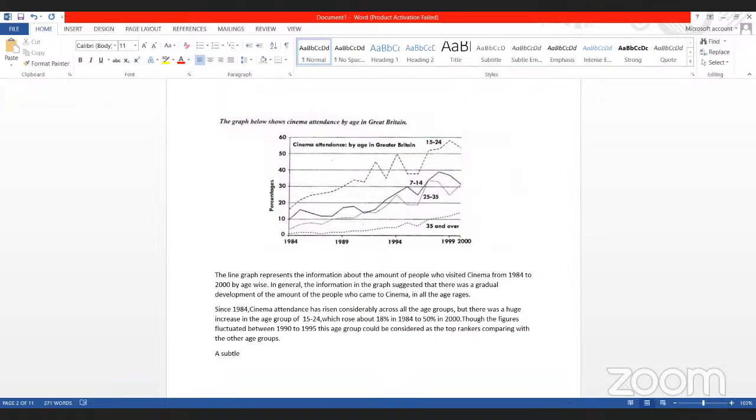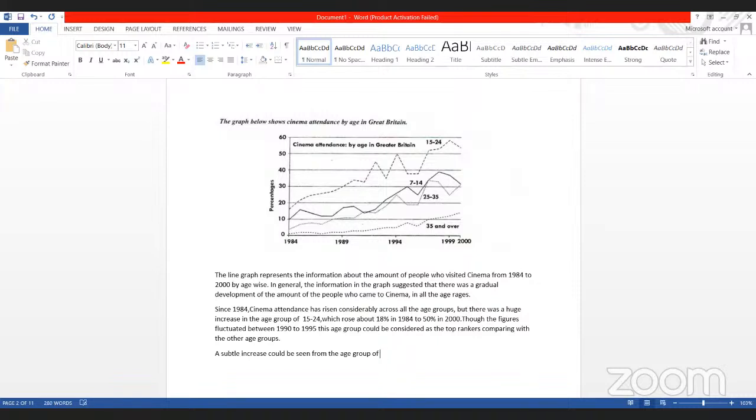A subtle increase would be seen from the age group of 35 and plus. Sorry, 35, right?